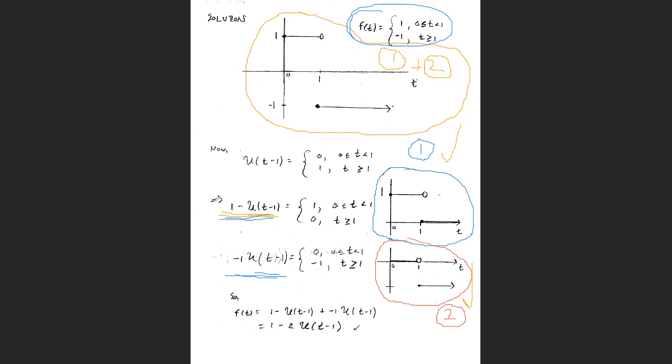That means when t is between 0 and 1, we're adding 1 and 0. What's 1 plus 0 equal to? 1. Okay, for when t is between 0 and 1, that matches this here. Now let's look at when t is greater than 1. When t is greater than 1, I'm adding 0 and -1. 0 and -1 make -1.